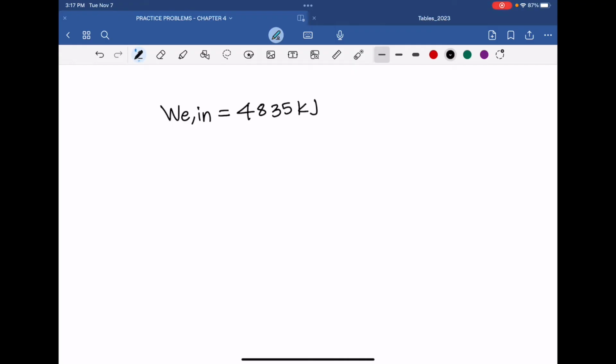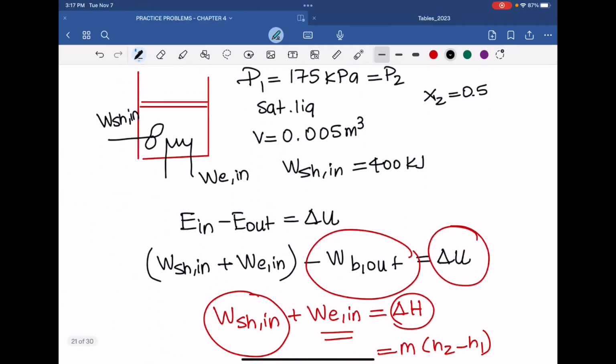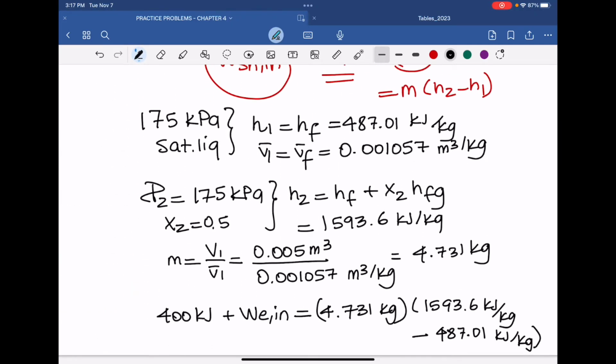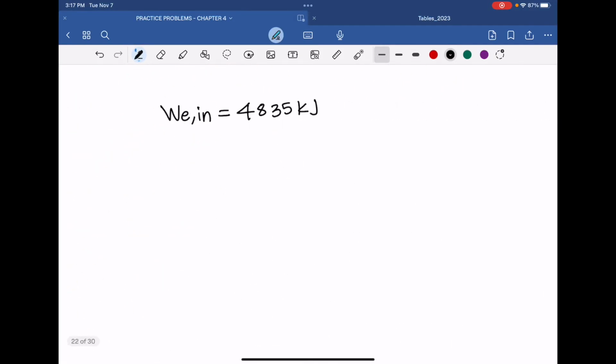Now electric work is given to us with an equation, and let's first of all check everything is correct. Yes, it is given to us with an equation: voltage times current times time. Okay, but we need to use a unity conversion ratio here, don't forget, because we need to convert that voltage times ampere term to kilojoule per second. So this is how we do it.